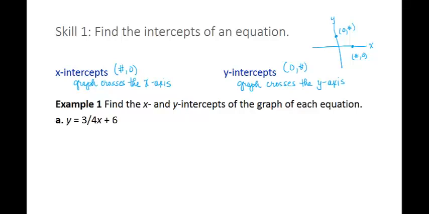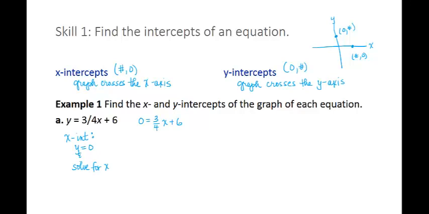In example 1, we want to find the intercepts of the equation y equals 3/4 x plus 6. So to find the x-intercept, we will let y equal 0 and solve for x. This gives us 0 equals 3/4 x plus 6.